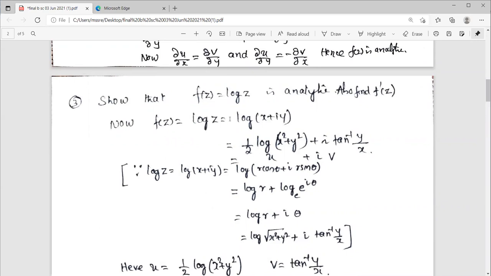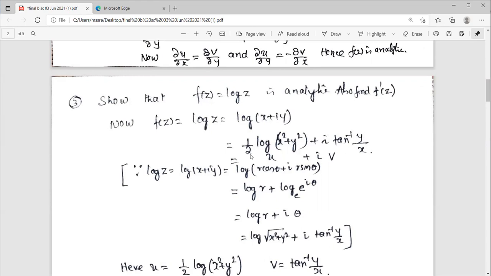I have given you earlier that if z is x plus iy, log z expansion is half log of x square plus y square plus i into tan inverse y by x. You have to remember this. So this expansion was given earlier.